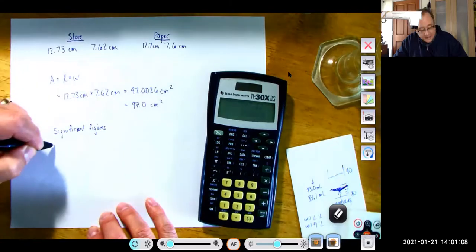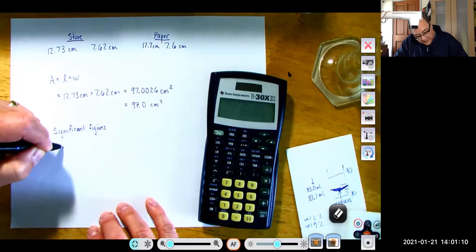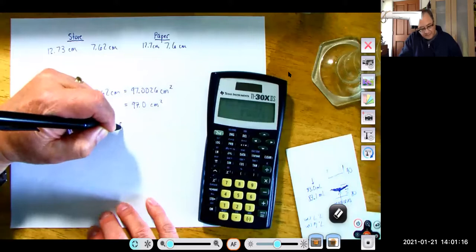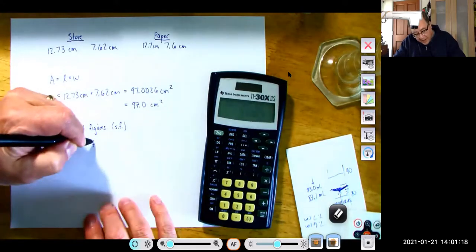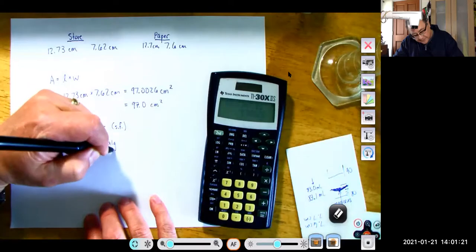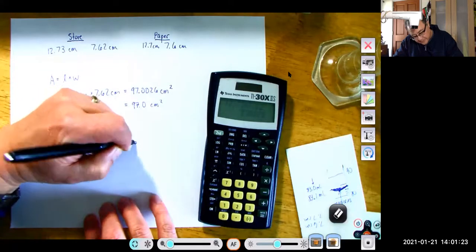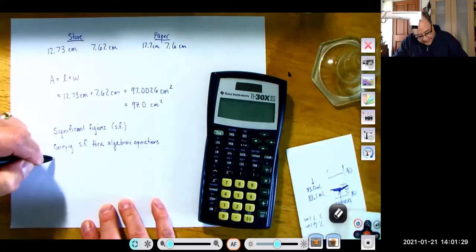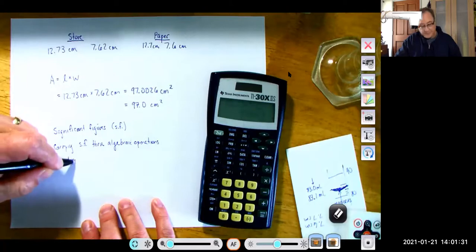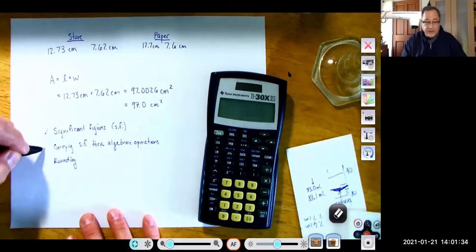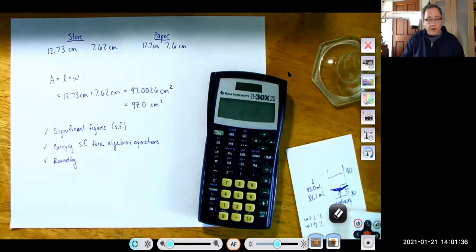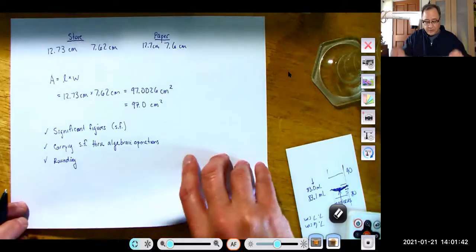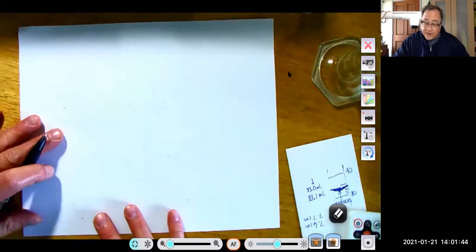We need to understand carrying significant figures through algebraic operations. And we need to understand rounding. So we're going to go over all three of these very quickly because you've already discussed this in your previous chemistry class. So let's look at the rules for significant figures.